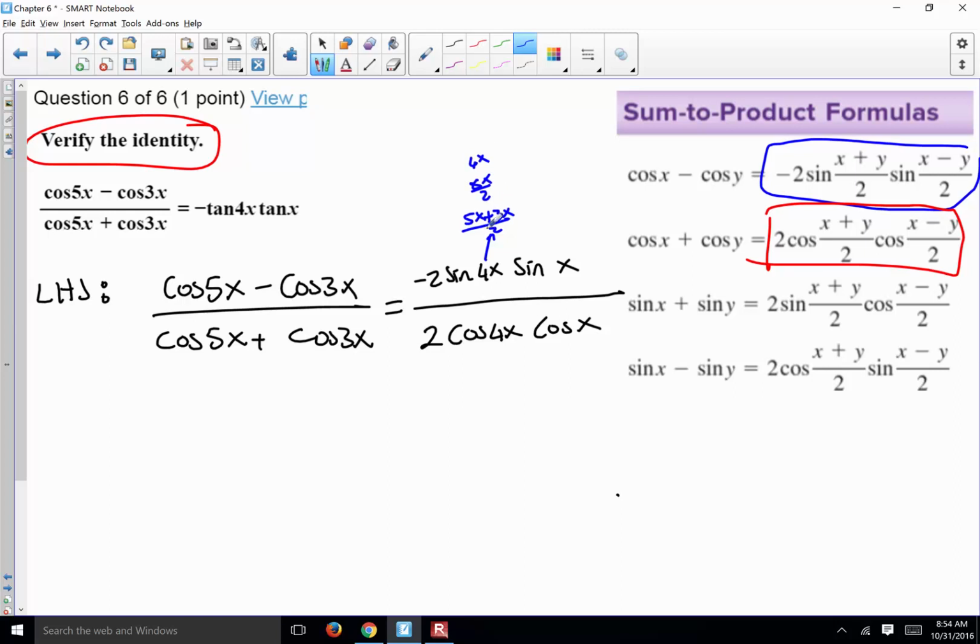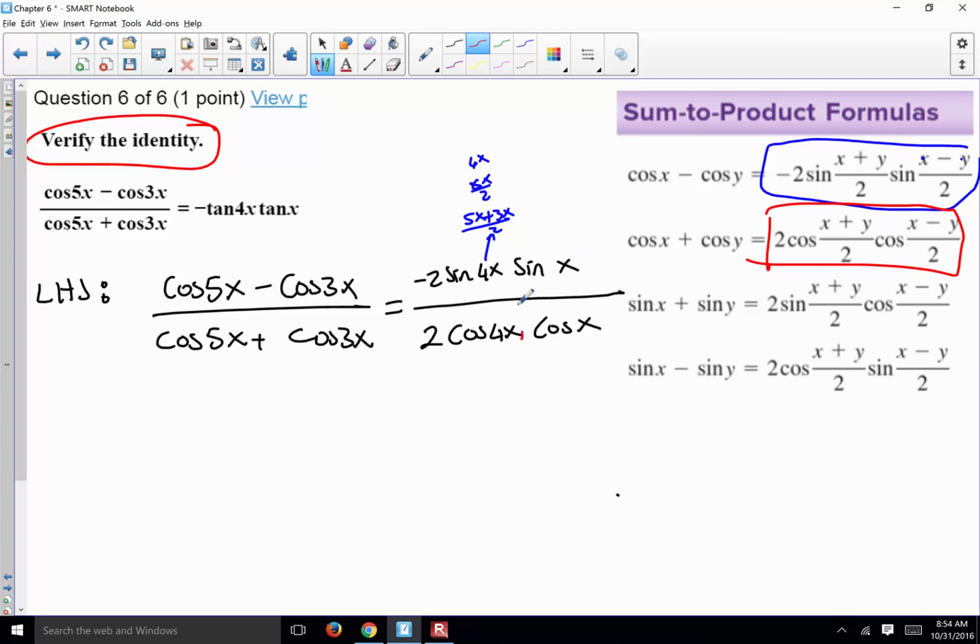And that's how I got 4x here. I add x and y. X is 5x, y is 3x, 8x over 2, which is 4x. And the second one is 5x minus 3x. 5x minus 3x is 2x, over 2 is x.